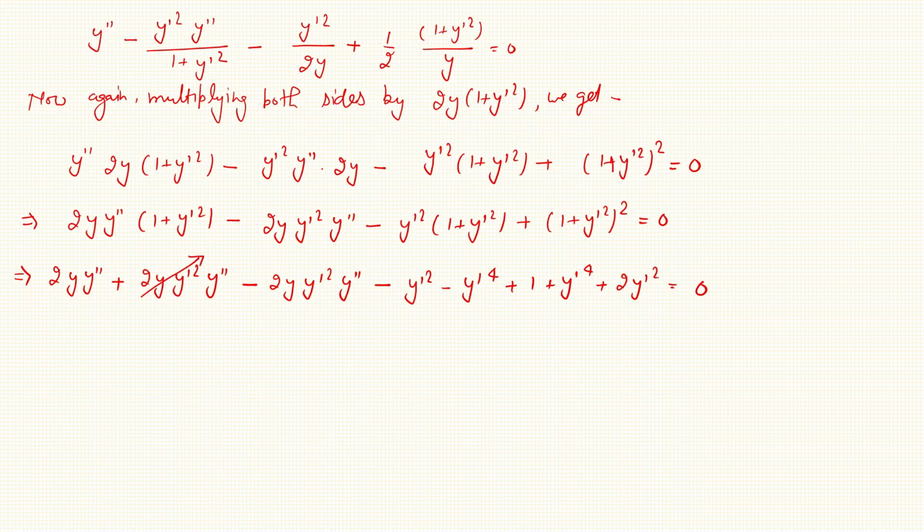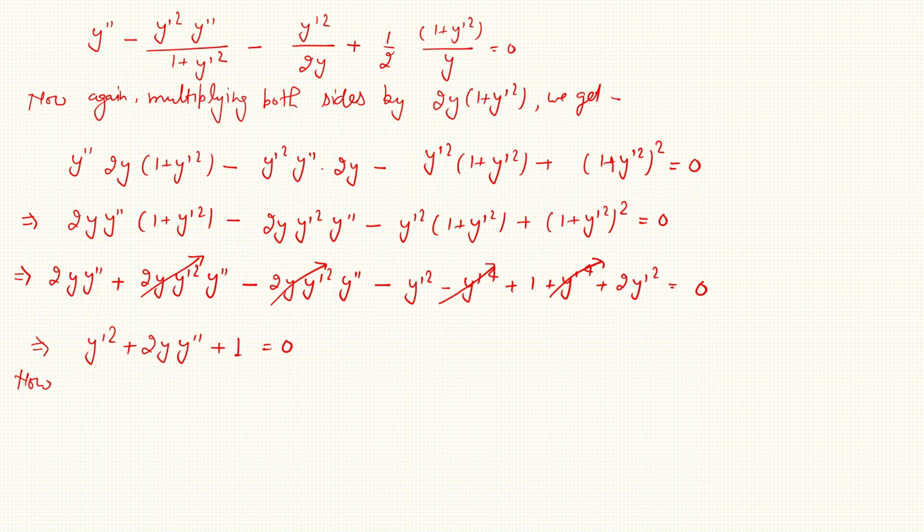These two terms will be cancelled out and also these two will be cancelled out. Here we have y prime square and 2y prime square. This will be plus y prime square. Then we have y prime square plus 2y y double prime plus 1 is equal to 0.